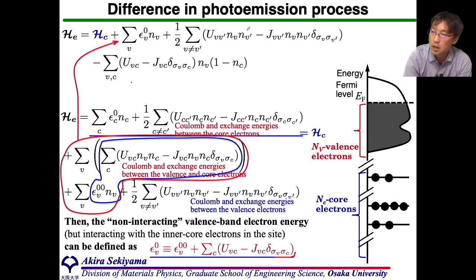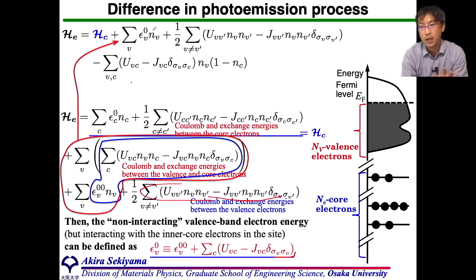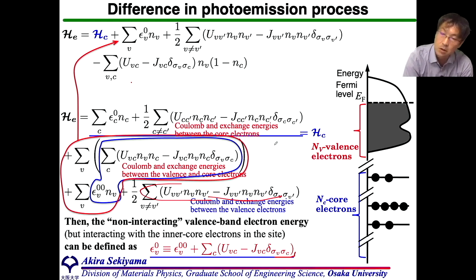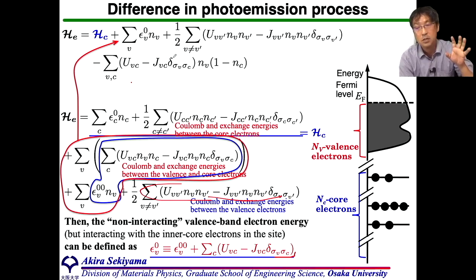The third term stands for the Coulomb interaction between the valence electrons, this one. So here, this term is included in advance in the second term. This is okay for the initial state, but in the core level photoemission in the final state, one hole is created in the core level. For such a situation, we need to add this term. So this is 1 minus Nc, therefore this term becomes 0 in the initial state, because all core levels are occupied.